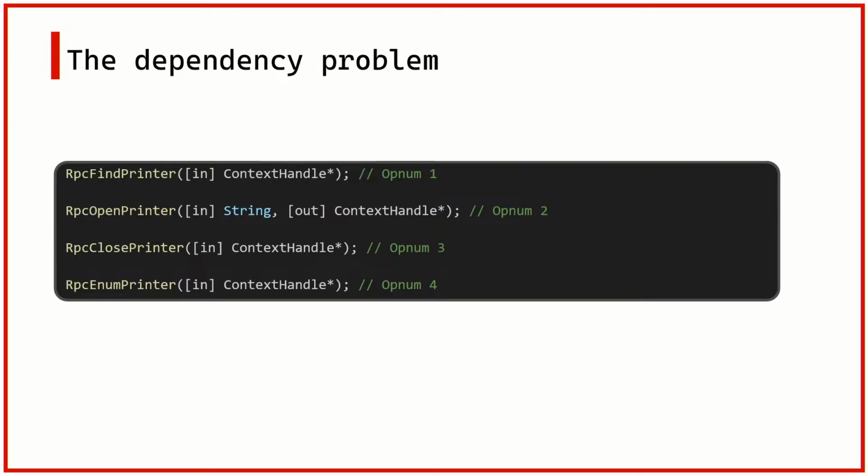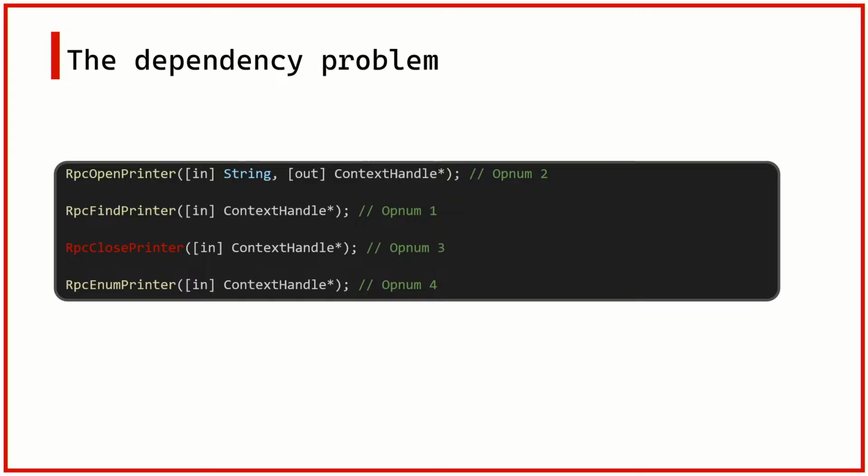So actually we want to turn this around so that we first call the procedure which returns that valid context handle, and then call the procedure which needs the context handle as an input parameter. But there's another issue. Some procedures actually close that context handle again, for example, RPC close printer.